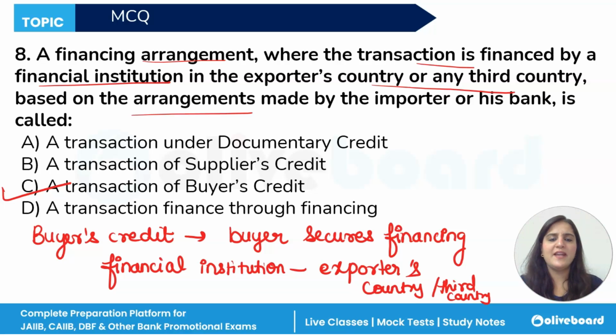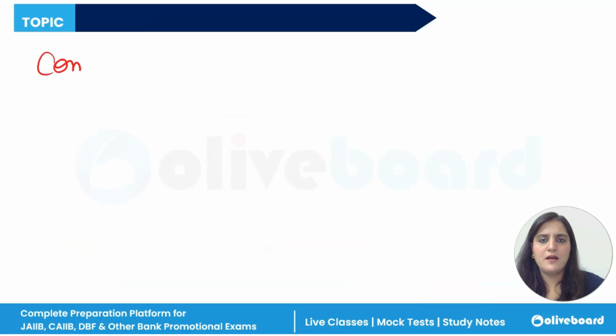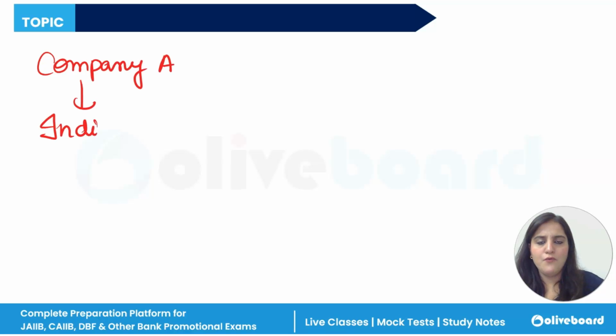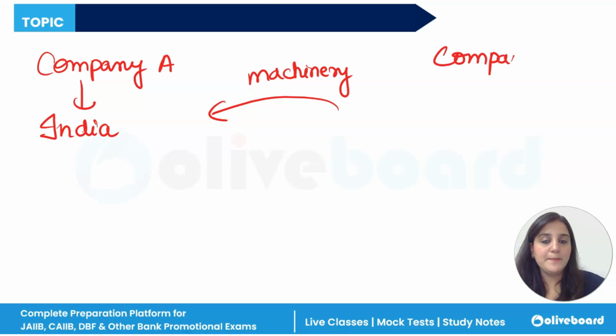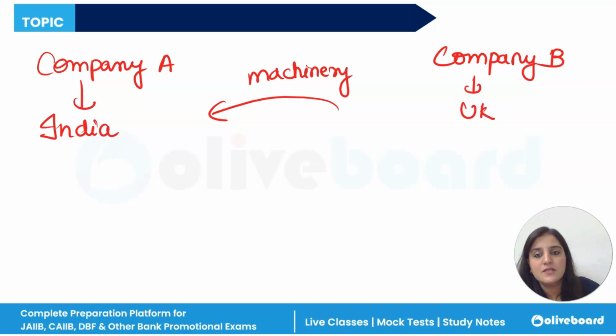Also we can take an example here. Suppose company A in India wants to import machinery from company B in the UK. The machinery costs, in UK pounds, 100,000.